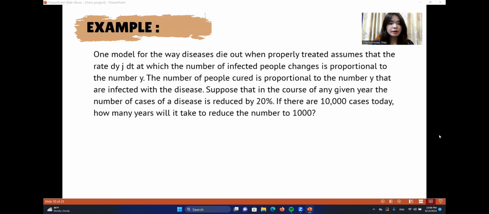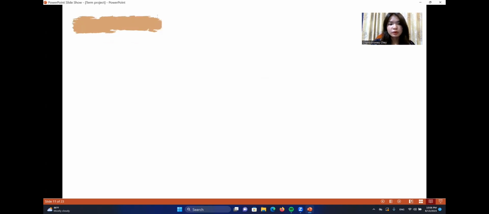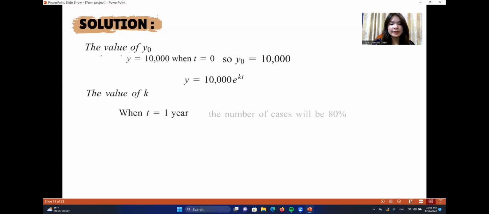So in this example, they want us to find the number of years it will take to reduce the number to 1,000. For our solution, we have to find the value of y0. When y equals 10,000 and t equals 0, so y0 equals 10,000, according to our last slide, that is our equation. And then we find the value of k.